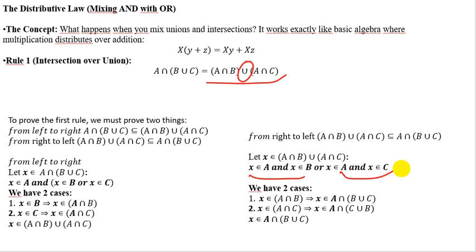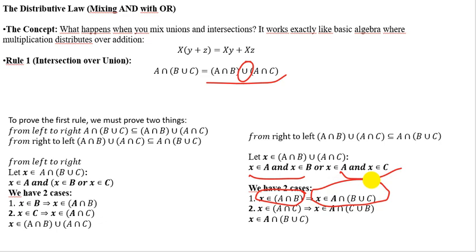So either x is in A ∩ B, which means it is in A and B. In this case, x is in A ∩ (B ∪ C).